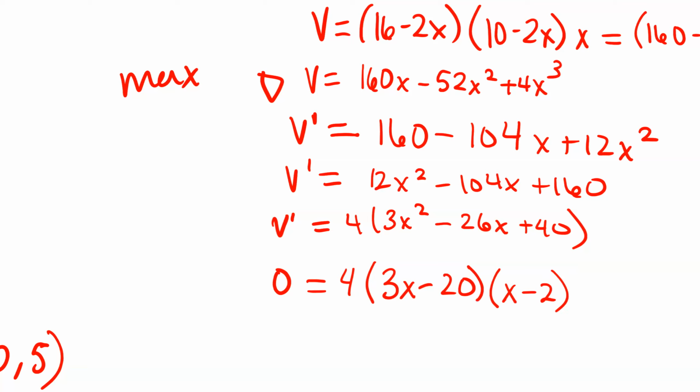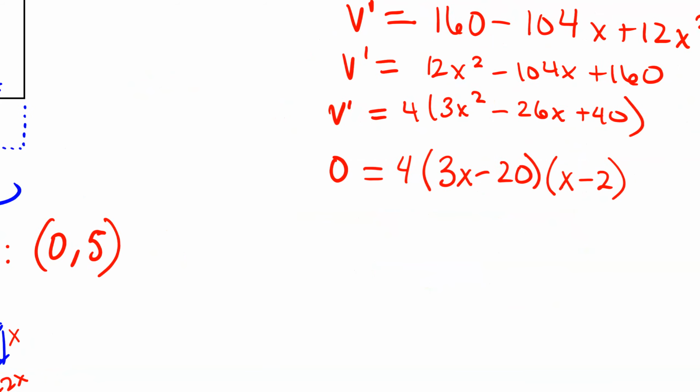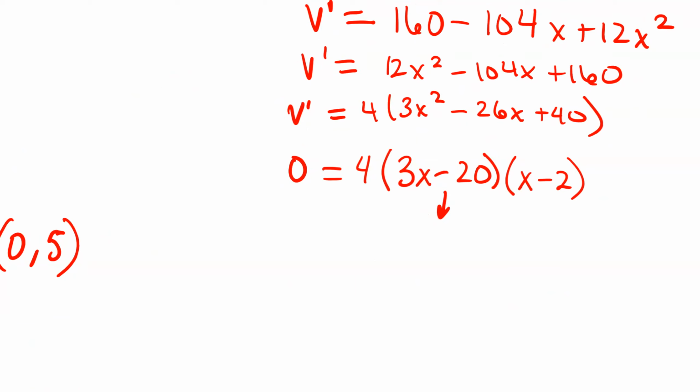If you have trouble with factoring, just come in during bonus and we'll do it. Okay, so we set each factor equal to 0. This one gives me x equals 20 over 3. What's 20 over 3 roughly?